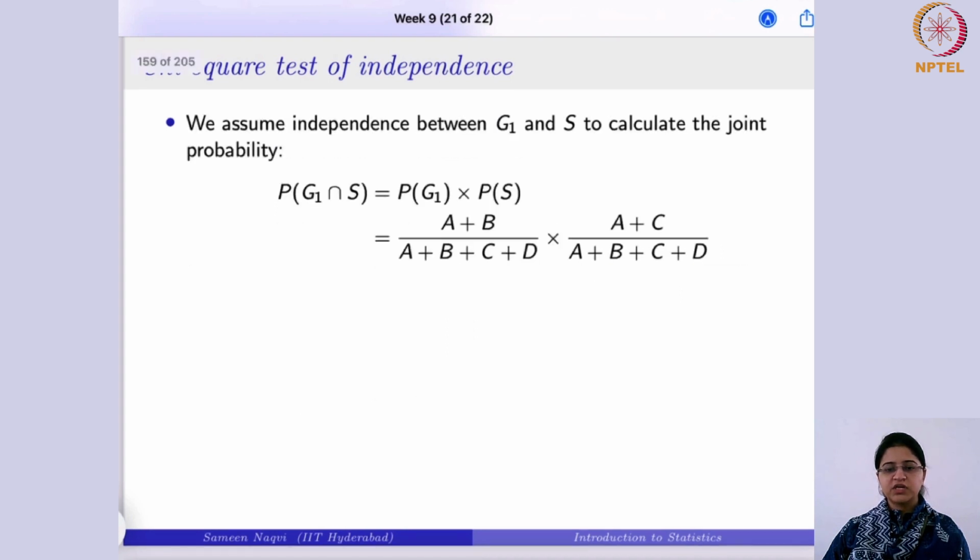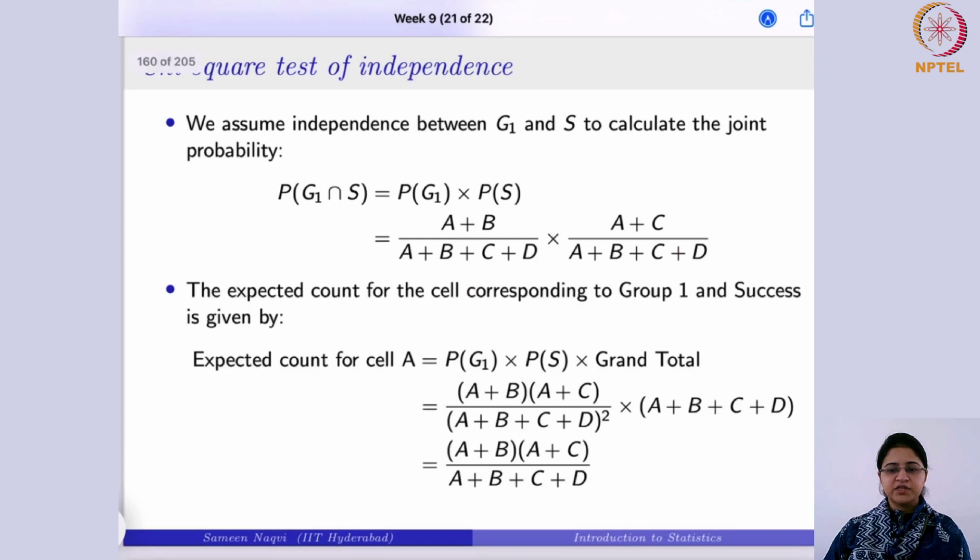Now, if you are assuming independence between these two, that is, under the null hypothesis, the joint probability in case of independence is just the product of the individual probabilities, or the marginals. So the joint probability that it is a success and it belongs to the first group is the same as multiplying these two probabilities that we have just obtained.